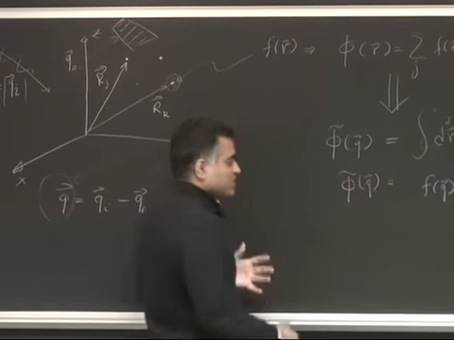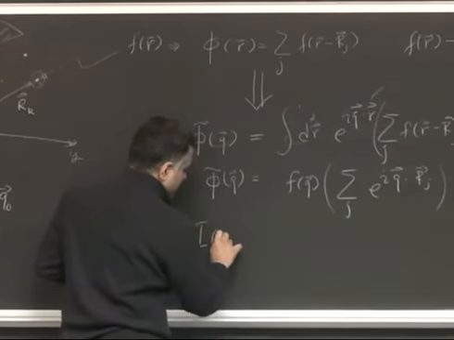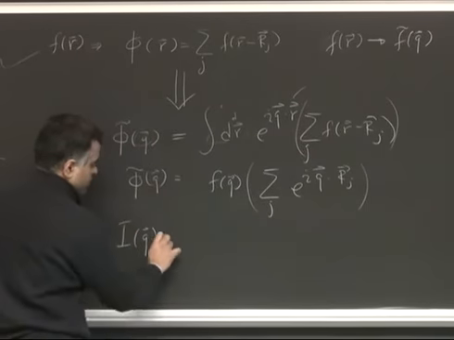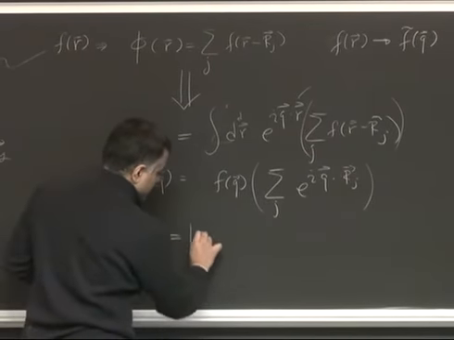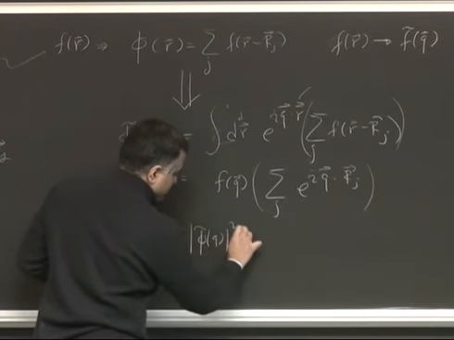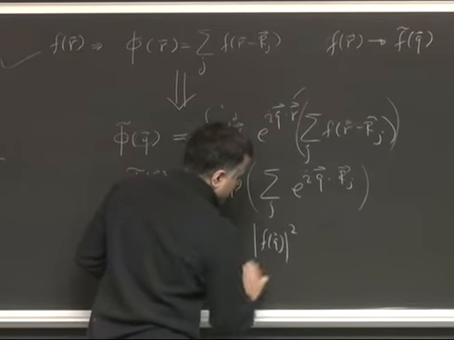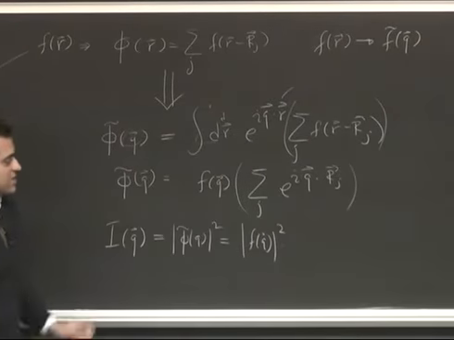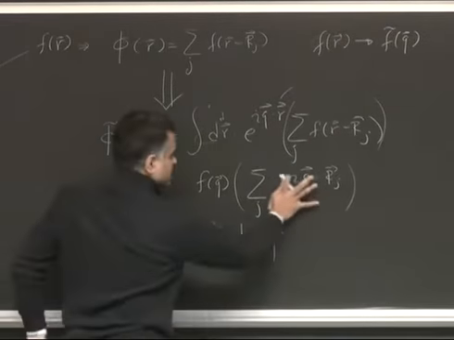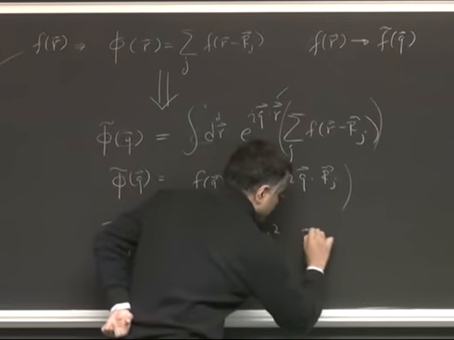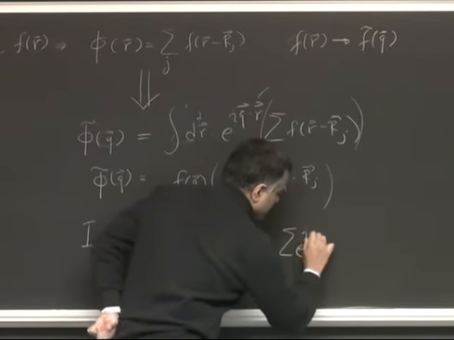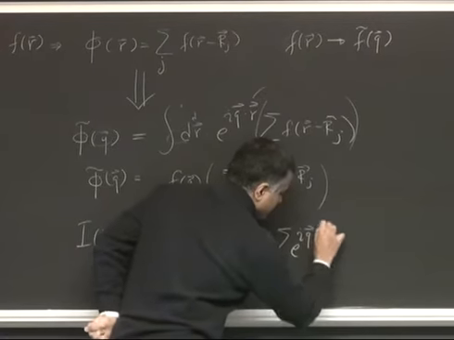As a result, what you're really measuring is intensity as a function of q, and that is phi of q whole squared, which essentially becomes f of q whole squared times a sum of these quantities, and the way we wrote it in the last class was e to the power i q dot rj.